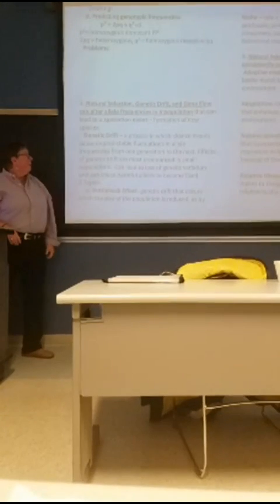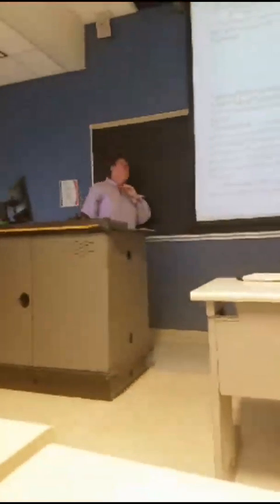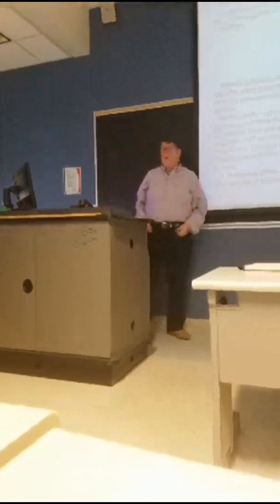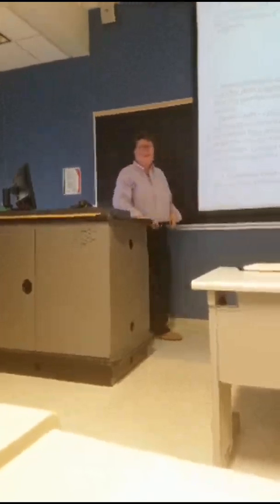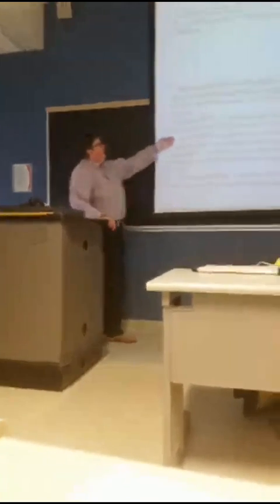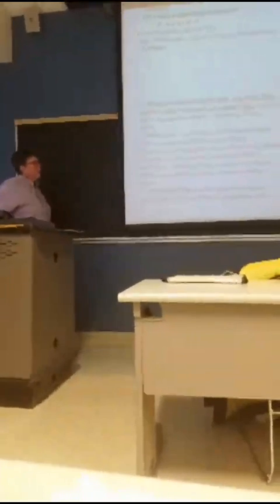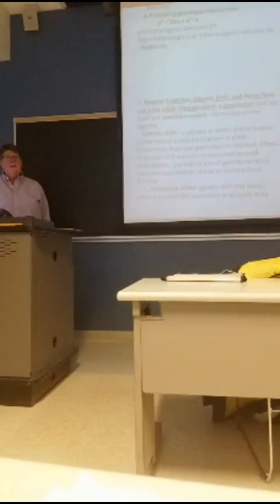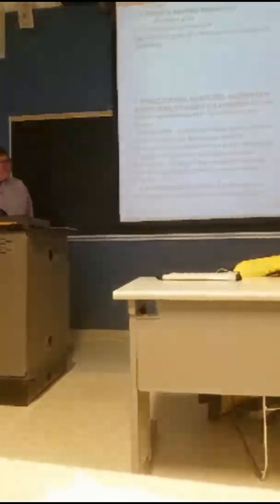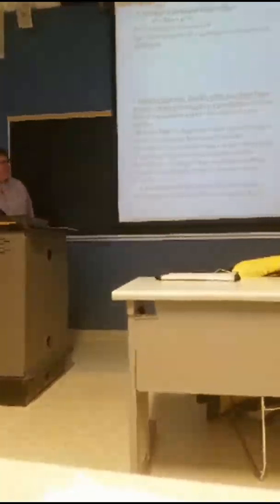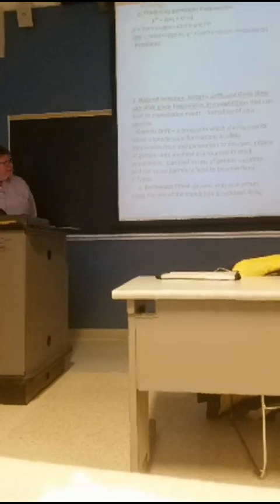Genetic drift. What is genetic drift? I've tried to give you some of these definitions, which I actually got out of your glossary, so don't forget your glossary at the back. Genetic drift is a process in which chance events cause unpredictable fluctuations in allele frequencies from one generation to the next.